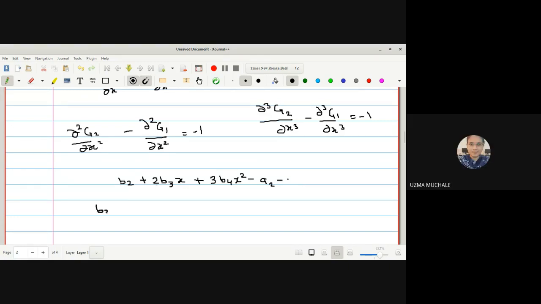B2 minus A2 is common here, plus next term, I can write this as 2 times B3 minus A3. Is it okay? Plus 3 times B4 minus A4. You have to cross-check whether it is correct. Since it is minus 1, I can take this common term. Which is equal to minus 1.